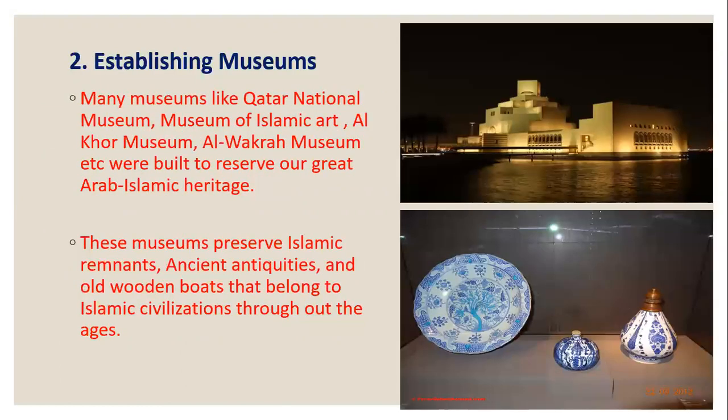Now, number 2 is establishing museums. A number of museums like the Qatar National Museum, Museum of Islamic Art, Al Khor Museum, Al Wakra Museum, etc. were built to preserve our great Arab Islamic heritage. When you visit these museums, and you must have visited most of them, you can see the preserved Islamic remnants, ancient antiquities, and also the old wooden boats which belong to the Islamic civilization.